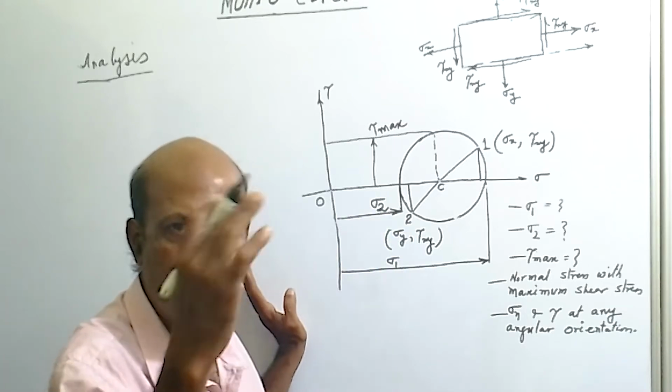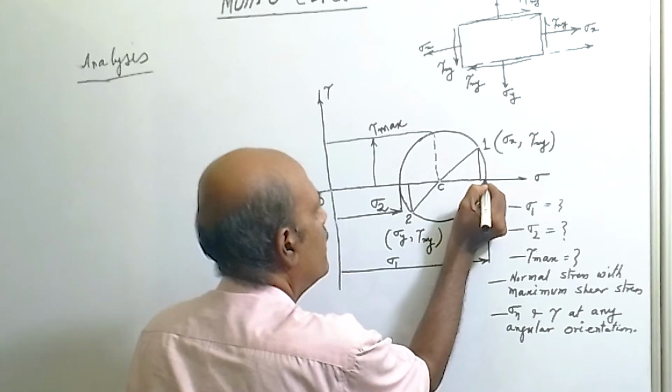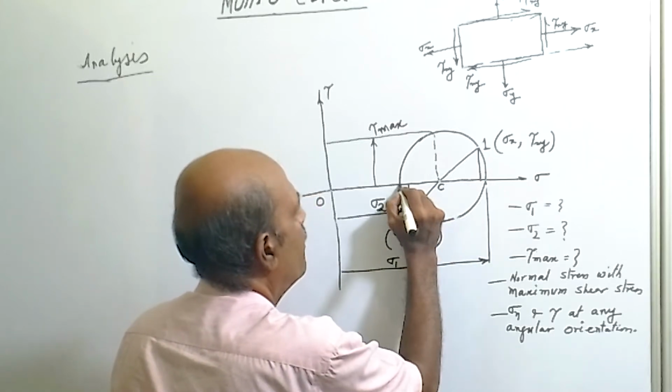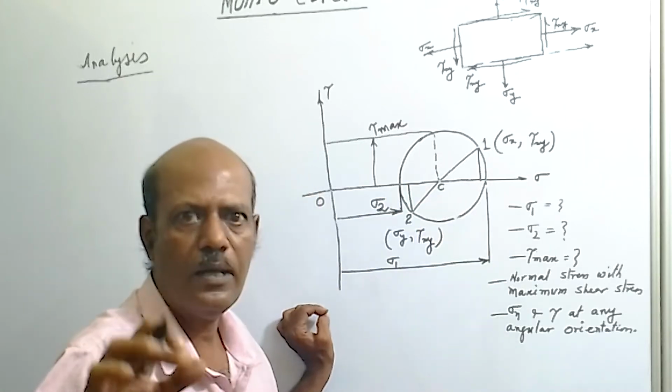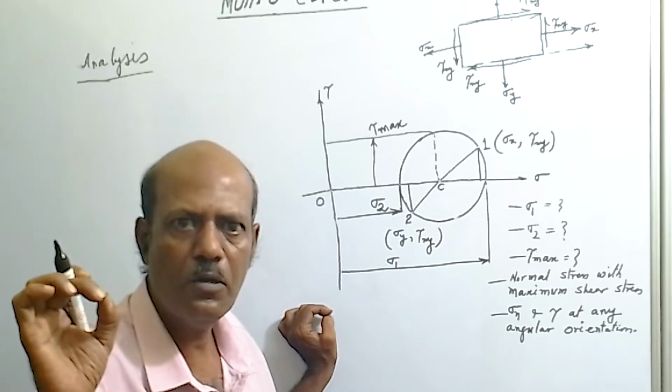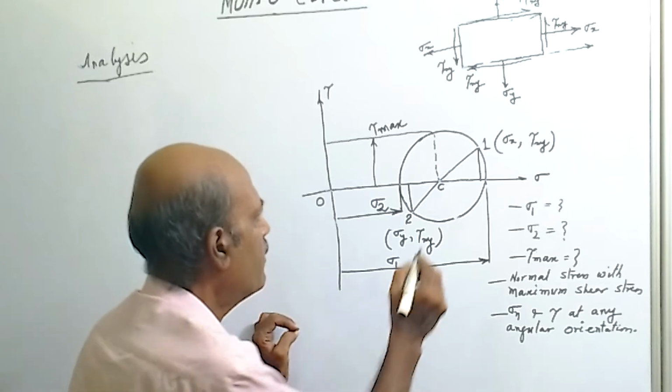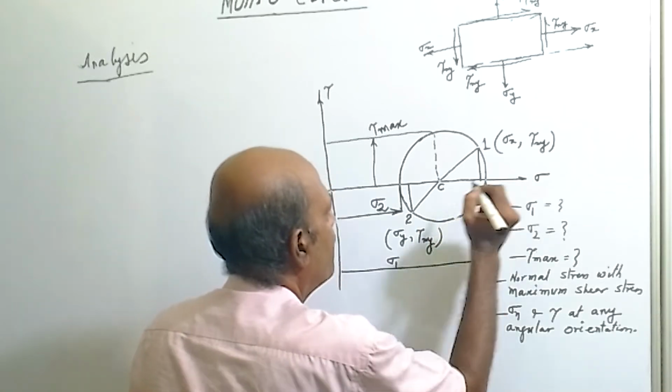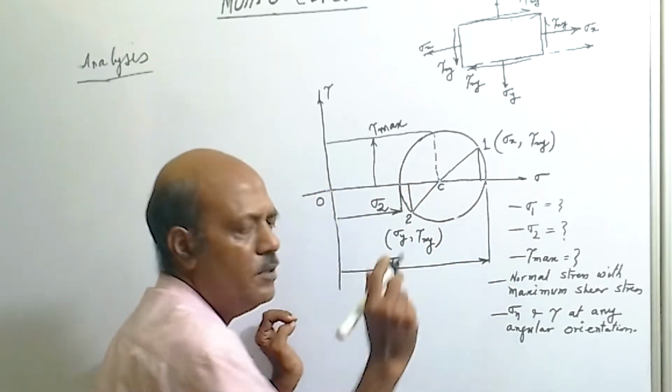Now from the circle it is seen this point and this point, the circle where it is intersecting the sigma axis, so tau value will be 0. That means this point and this point indicates the principal plane.